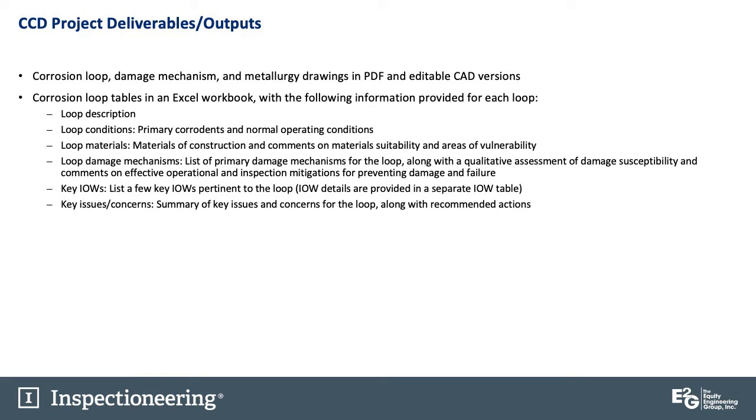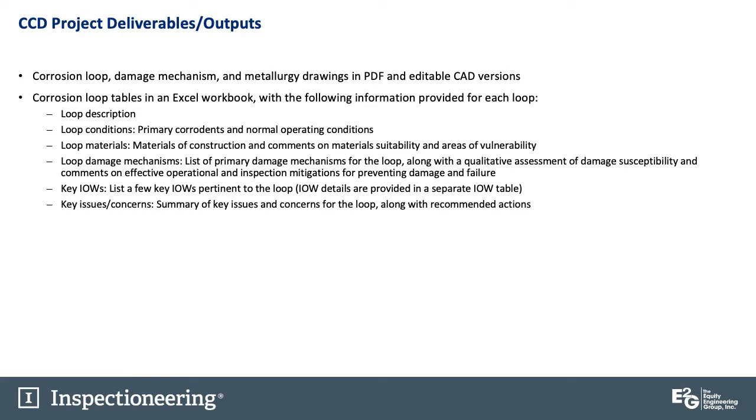So this is a really important part of the CCD. What are the damage mechanisms we're worried about most in the loop? For the subject matter expert doing the CCD, what is the assessment of the risk of that damage occurring? And what are the effective operational and inspection mitigations for preventing damage and failure in that particular loop? So that's a very key part of the CCD right there.